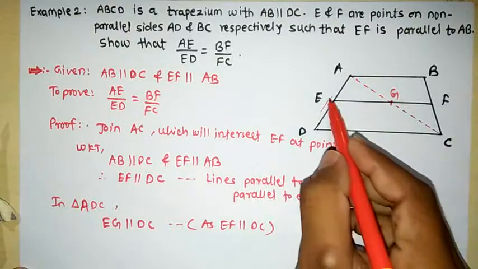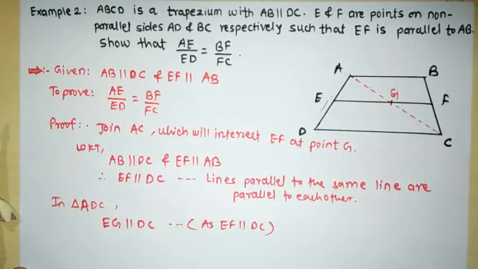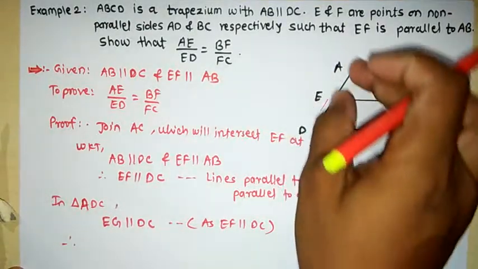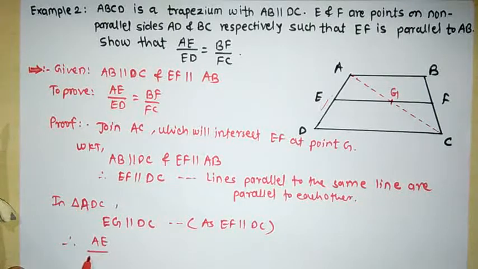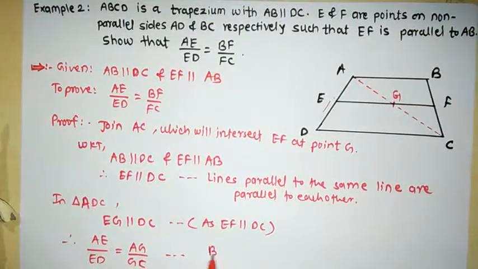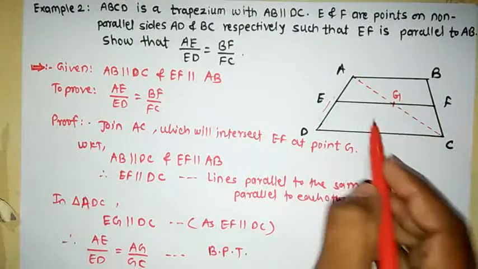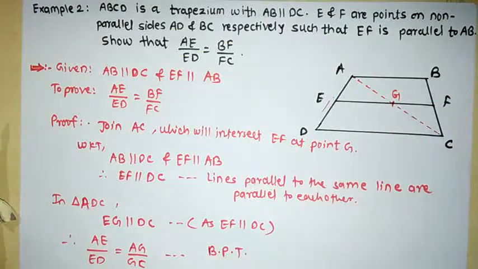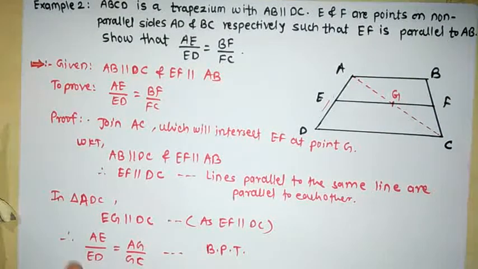EF parallel to DC है, therefore EG is also parallel to DC. अगर EG parallel to DC है in triangle ADC में, can we write this AE divided by ED is equal to AG divided by GC? What is the reason? By BPT theorem. If a line is parallel to the third side, then this line divides the other two sides in an equal ratio. This is the BPT theorem. Therefore AE divided by ED is equal to AG divided by GC.